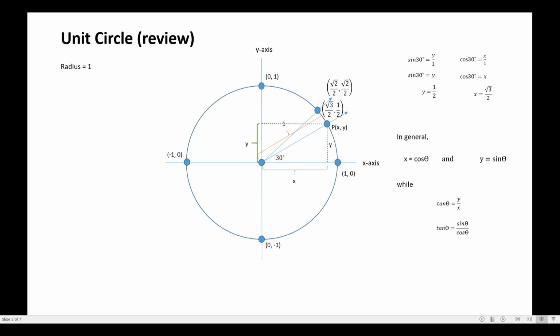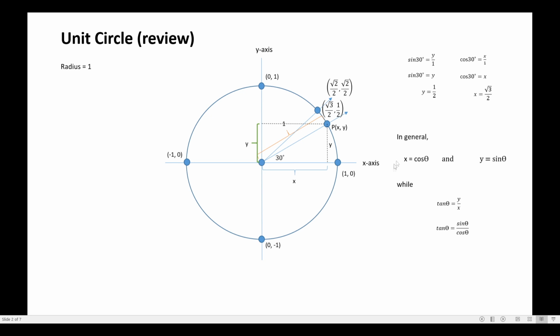If you want to know where we got these values, you may just do the same as what we have done earlier. That is, substituting 45 degrees here, you may use your calculator. Cosine 45 degrees is equal to the square root of 2 all over 2, and sine 45 degrees is also square root of 2 all over 2.